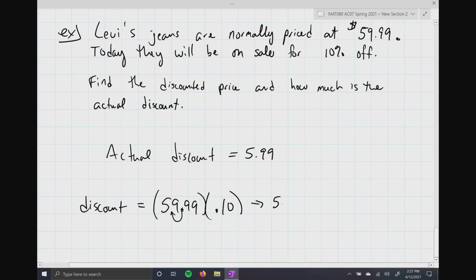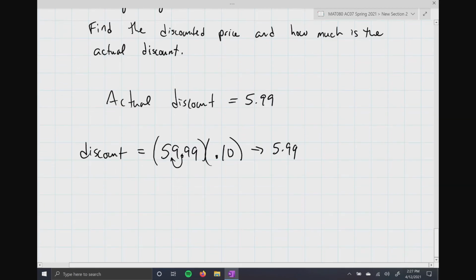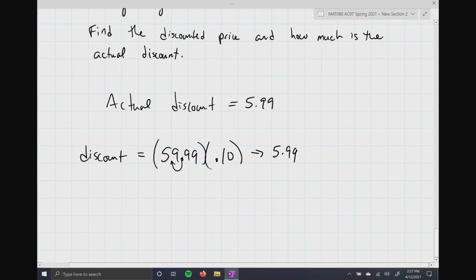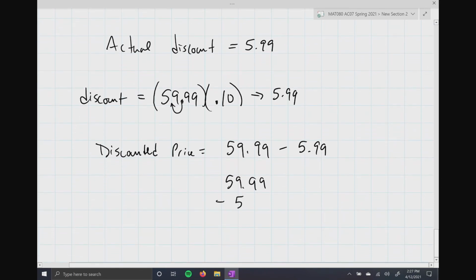So $5.99. Now, that is our actual discount. The price that we're going to pay is equal to the original price minus the discount itself. So $59.99 minus $5.99 is $54. Good enough?